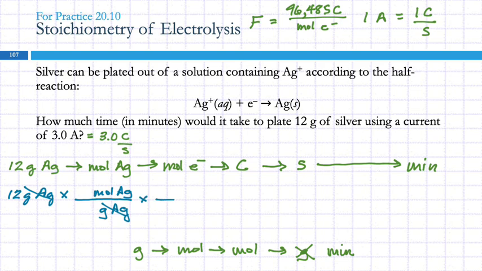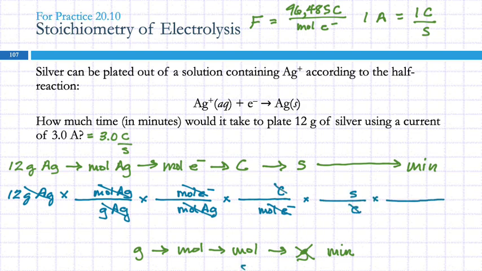From moles of silver, we're going to moles of electrons. And so we'll put moles of silver down here. And then we're going to go to coulombs. And down here, moles of electrons. And then we're going to go to seconds. And coulombs is going to be down there. And then we're going to go to minutes. And seconds are down there.